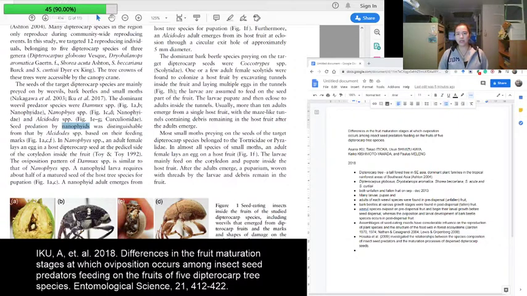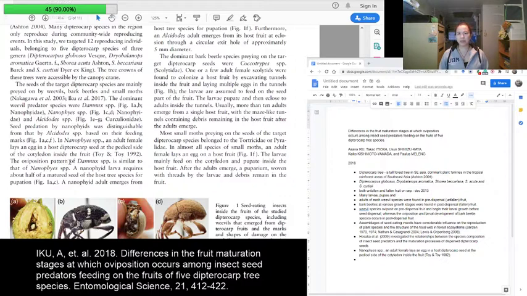In nanophyte species, an adult female lays an egg in the host dipterocarp seed at the pedicle side of the cotyledon inside the fruit. That's interesting. I can look that up. It's got a bit more detail about which insects are laying where and when, etc.